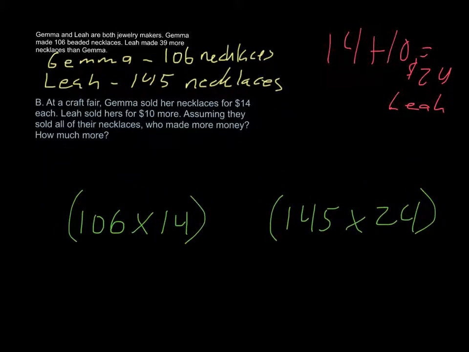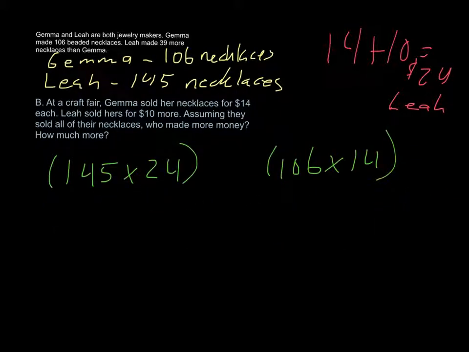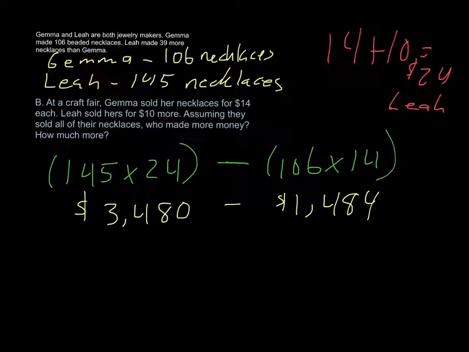I'm going to turn that around so that I have Leah in the front, because again, I know that she has more. And since I'm asked how much more money, I know that it is a subtraction problem because I am looking for the difference. When I use the standard algorithm to solve, I find out that Leah made $3,480 selling her necklaces, and Gemma made $1,484.